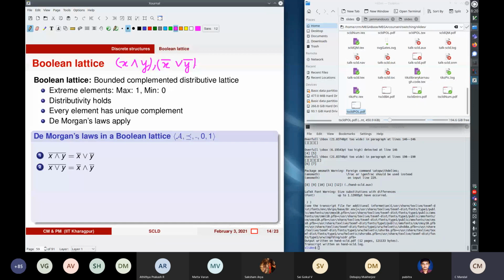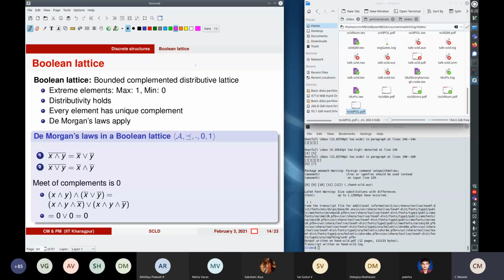That means their meet should be 0 and their join should be 1. So we just need to verify these two properties. So, here is the property that their meet is 0. So here what you see is that we are just making use of the distributive property.